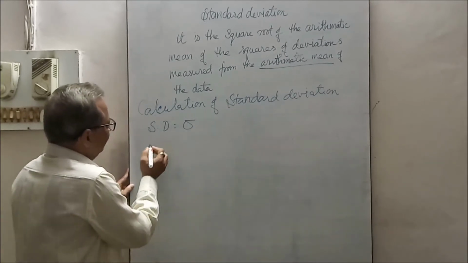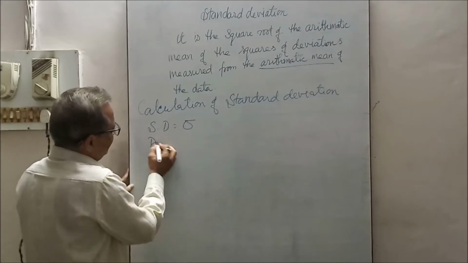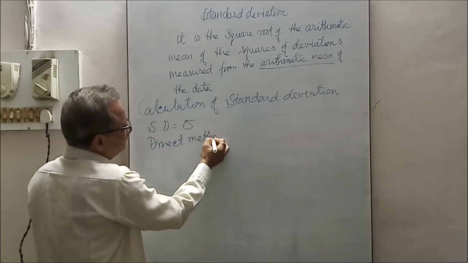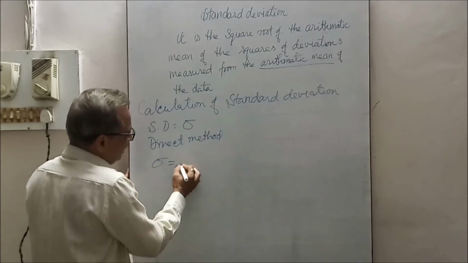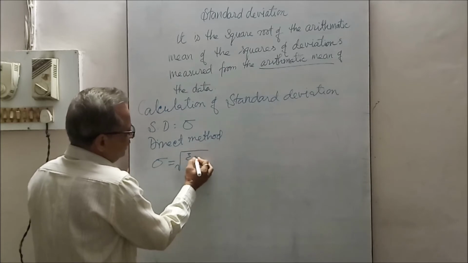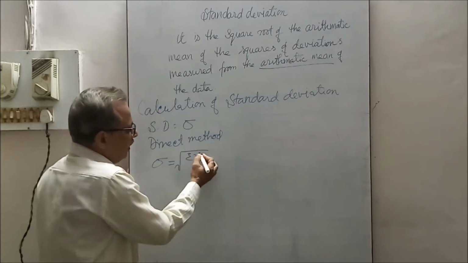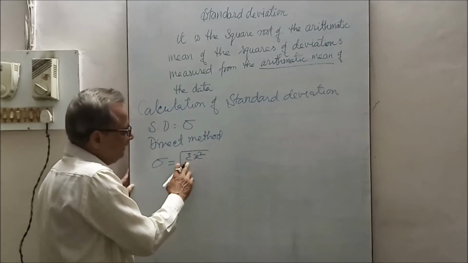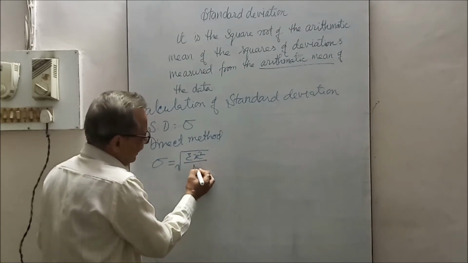And the formula for the direct method is: standard deviation, or sigma, equals the square root of the summation of the squares of deviations from x, that is sigma x square, divided by n.